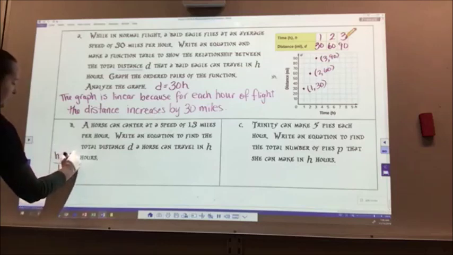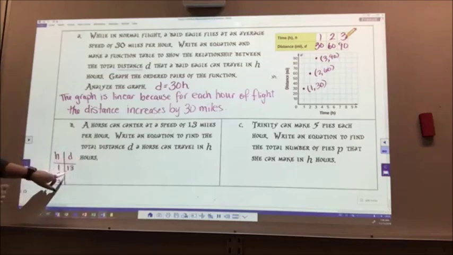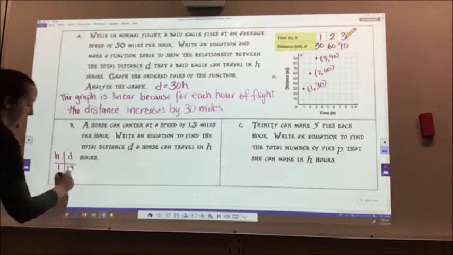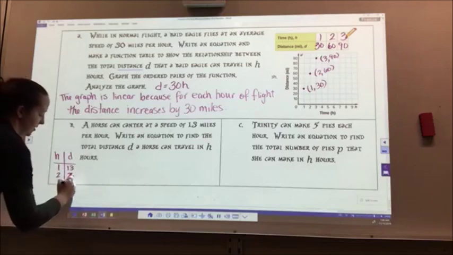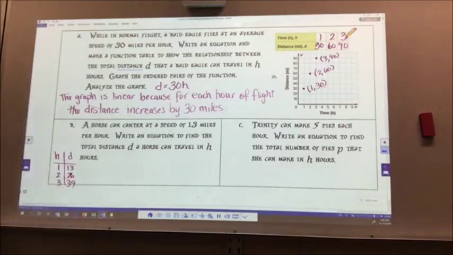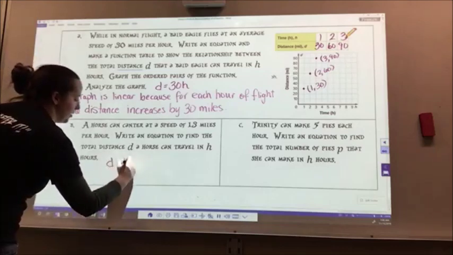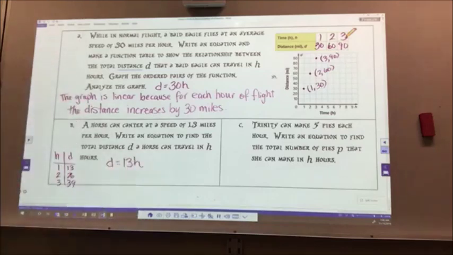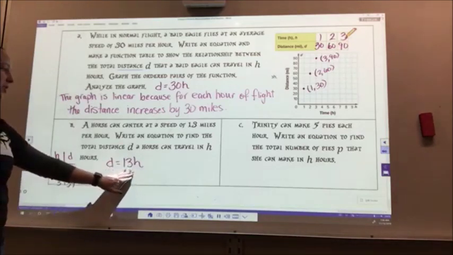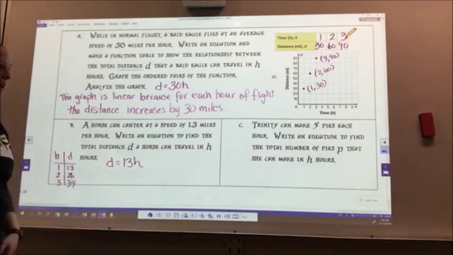This is H and this is D. For 1 hour, it's 13 miles. 2 times 13 gives me 26, and 3 times 13 gives me 39. So that's my pattern. So it must be D equals 13H. This is my distance, 13 miles per hour. H is my hours.